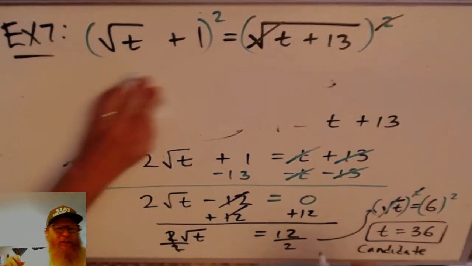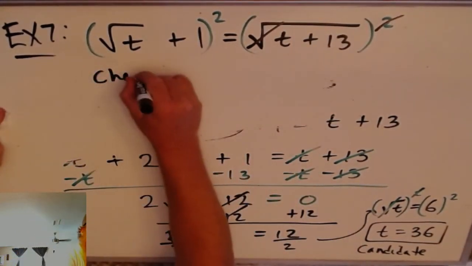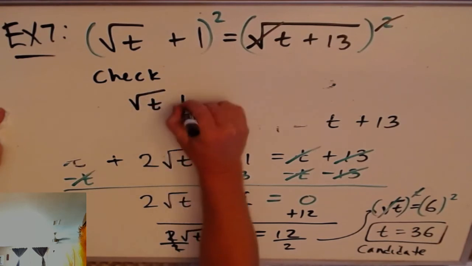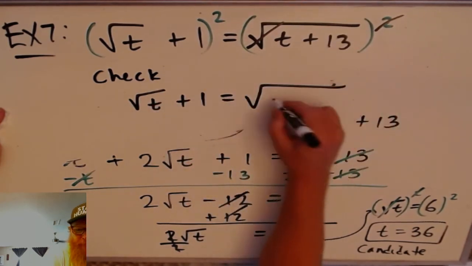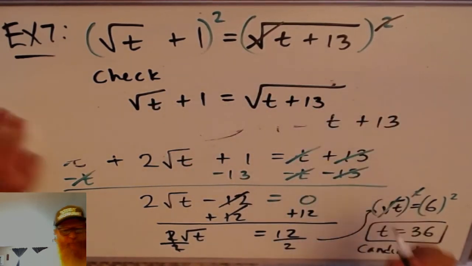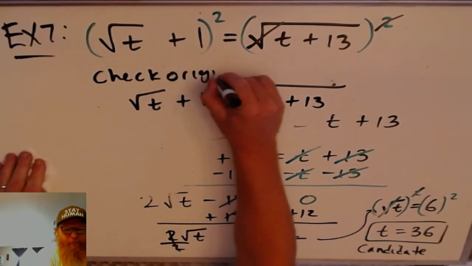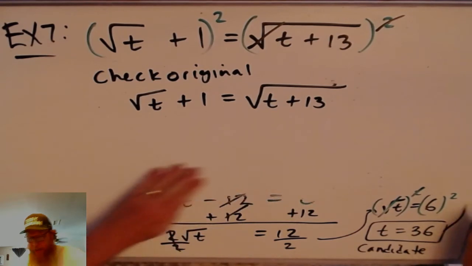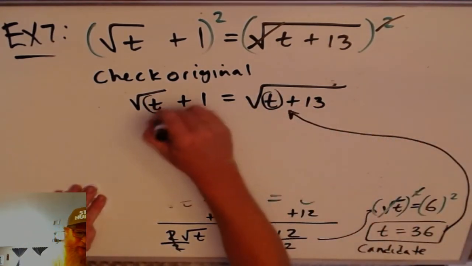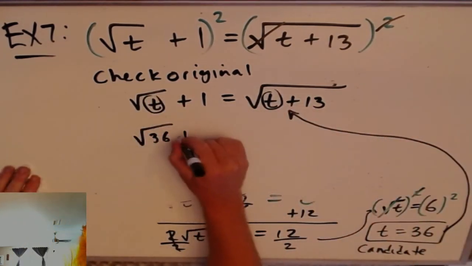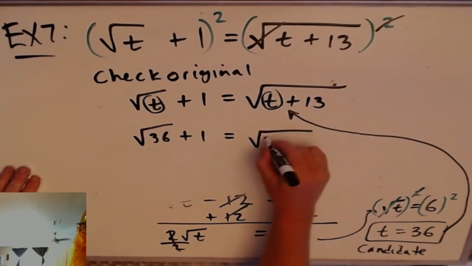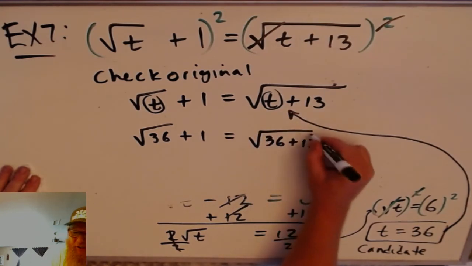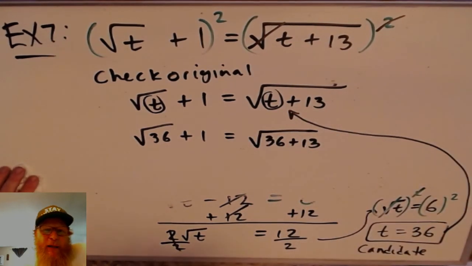Again, I'm not going to trust my answer. I'm going to check the original problem. Always use the original problem. Plug this guy in here and here. And I always just hope it's right, because I do not want to have spent that much time of my life and having it be wrong would be awful.